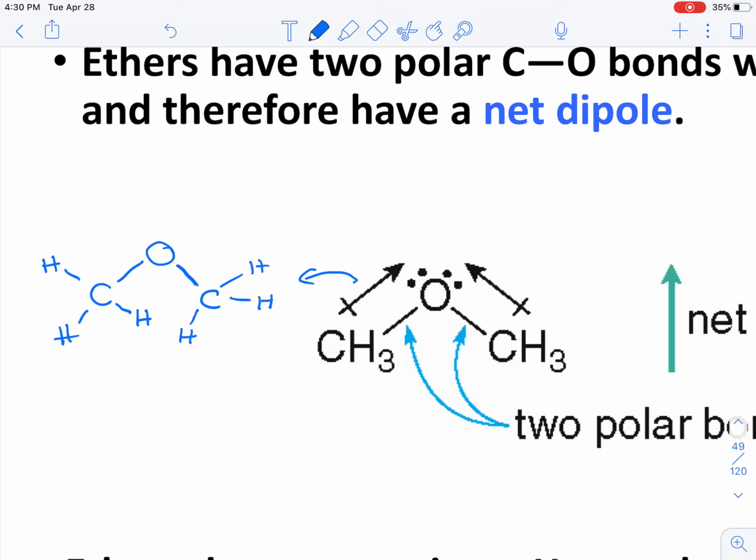And if you were to count the electronegativity difference, and we did this in the first half of this course, you would find that the value of the change in electronegativity suggests that this is a polar covalent bond.